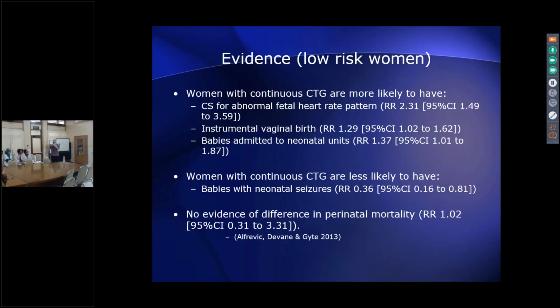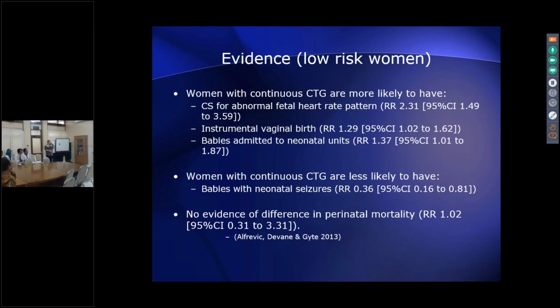We then looked at the review and we looked at low-risk women versus high-risk women. So in many countries, we say low-risk women should be monitored during labor by intermittent auscultation, and the CTG should be reserved for women who have high risk factors. So let's look at those women and see what happens with the CTG.